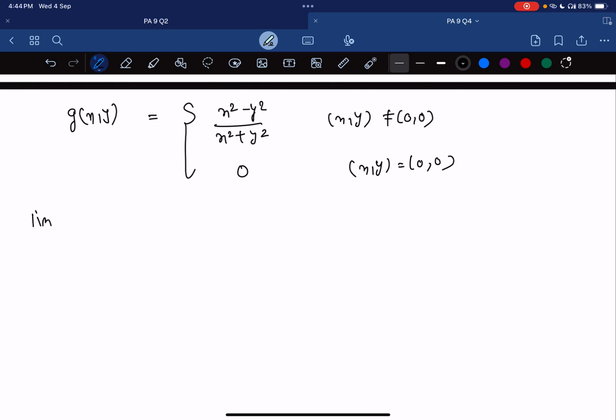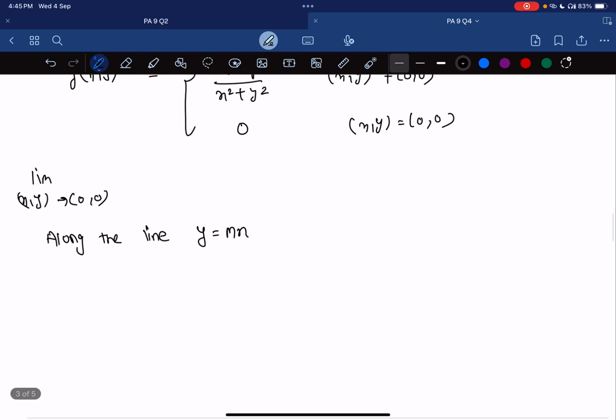Now we have to find the limit for this function when x comma y tends to 0 comma 0. Now we know that if we directly put 0 comma 0, the function is undefined. So we will try to find the limit across different paths, and the first is we will try to find the limit along the line y equal to mx, where m is the slope of the line.